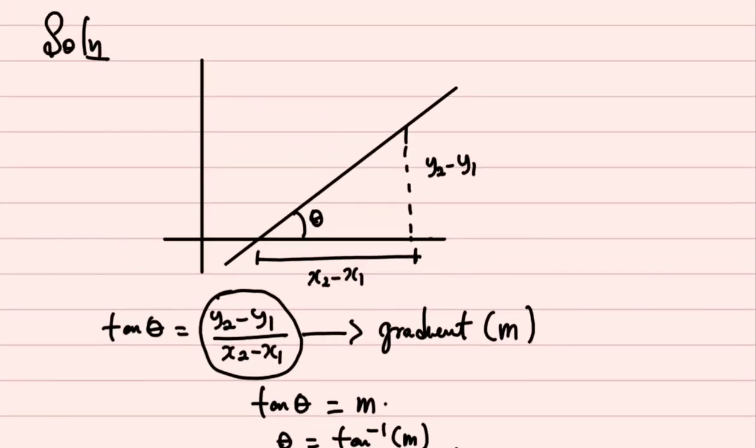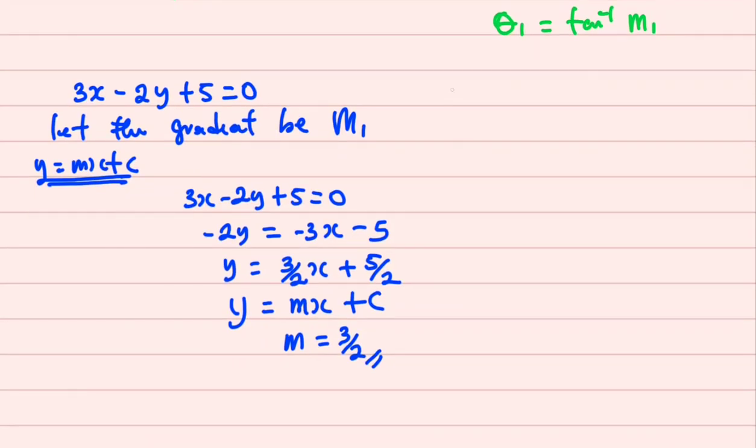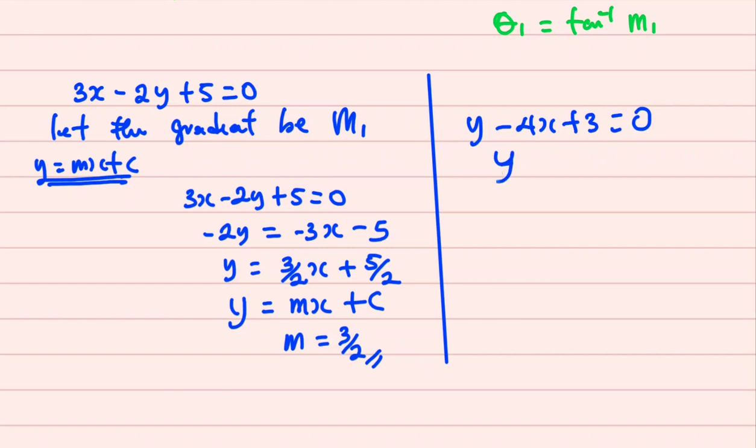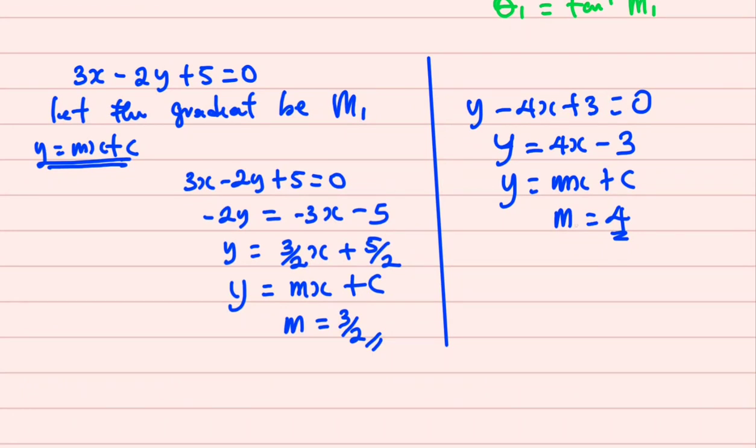The same thing is going to happen for the second equation, which is y minus 4x plus 3 equals 0. This gives y equals 4x minus 3. So comparing coefficients with y equals mx plus c, you can see that my m is equal to 4. In this case, this is m2 and the other is m1.